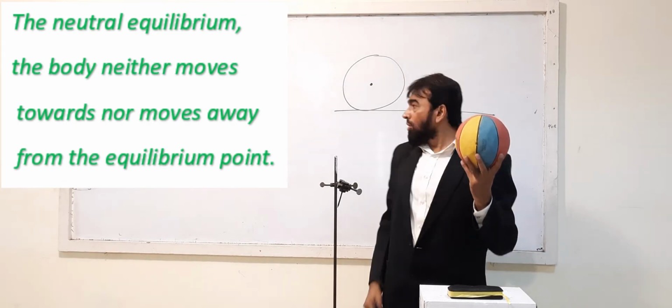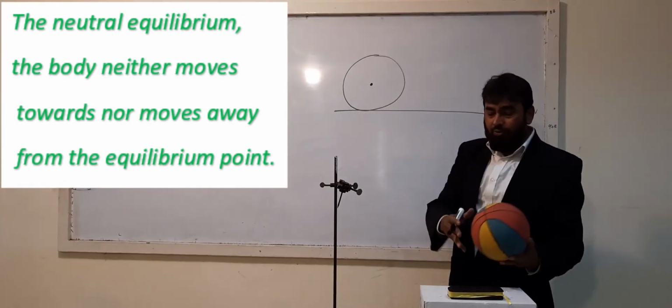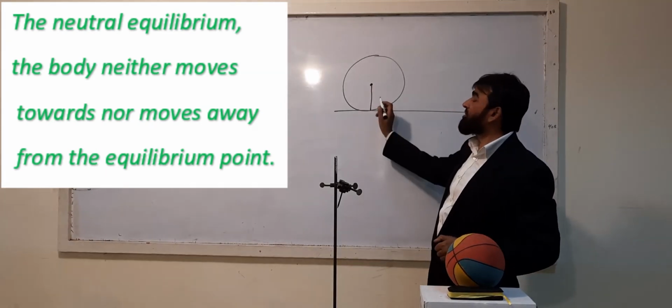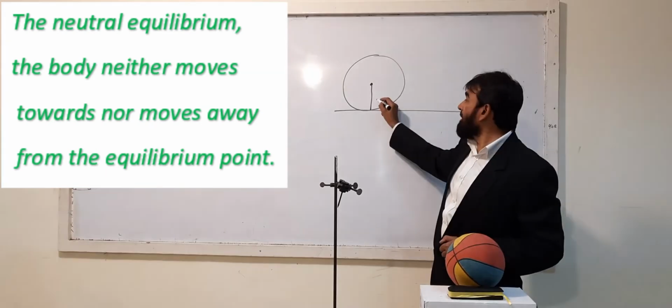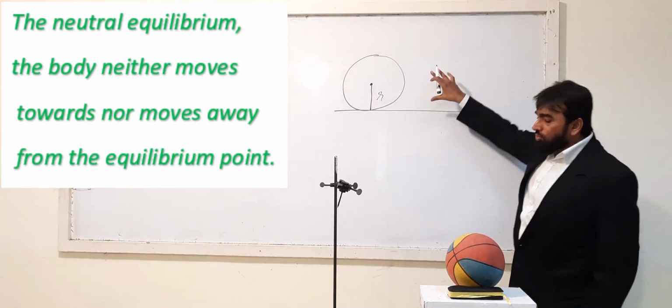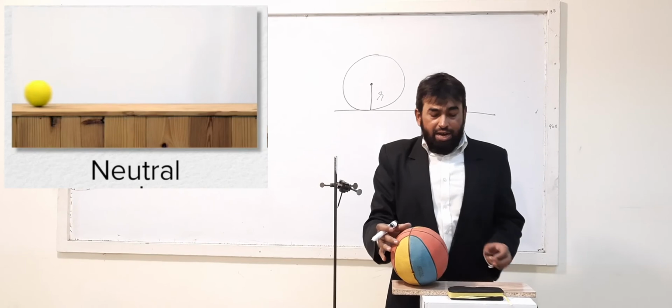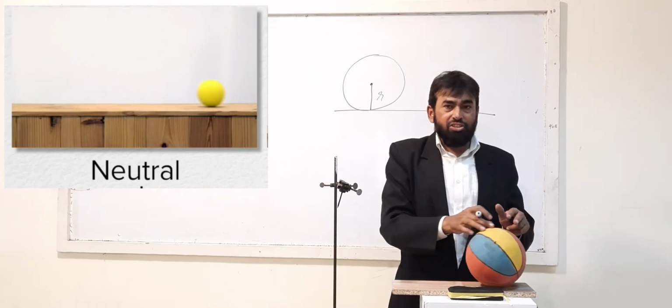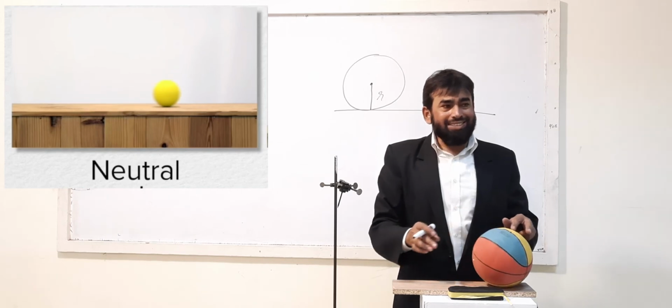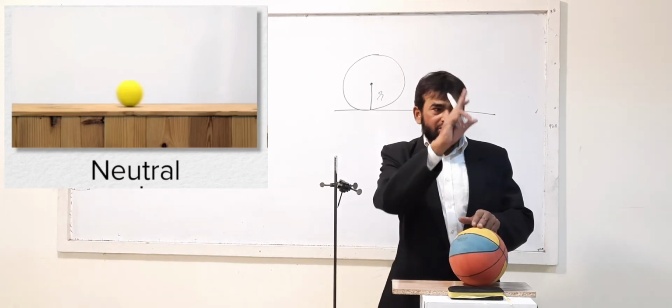So its height from the surface over which it is lying is the radius of the ball. If this ball is rolling like this, is its radius changing or not? The radius is not changing, so its height from the base is not changing.